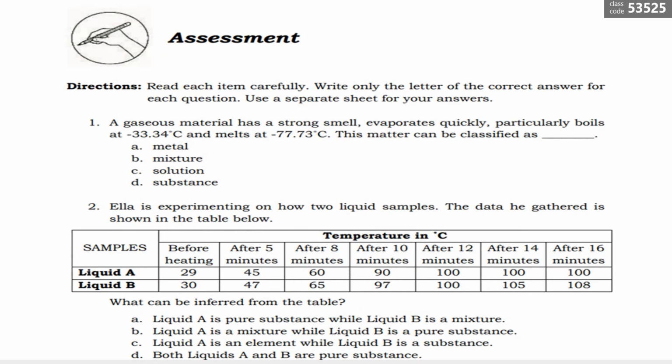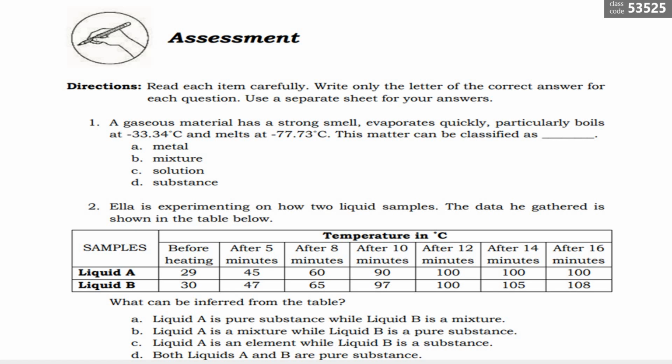So let's have this assessment. We are done with the lesson. Before we end the lesson and give the assignment, let's test ourselves. Directions: read each item carefully. Write only the letter of the correct answer for each question. Use a separate sheet for your answers. Number 1.